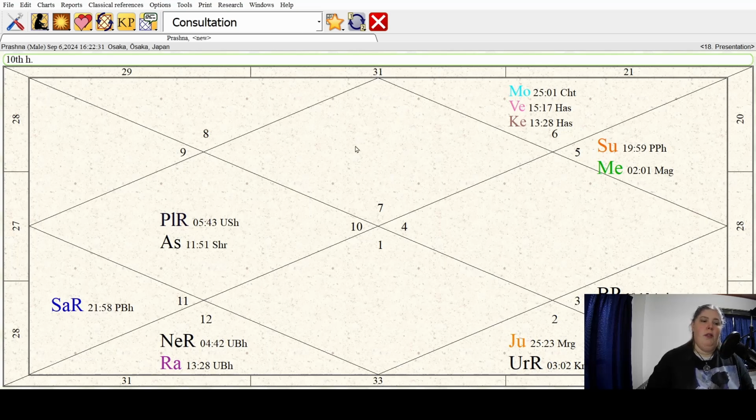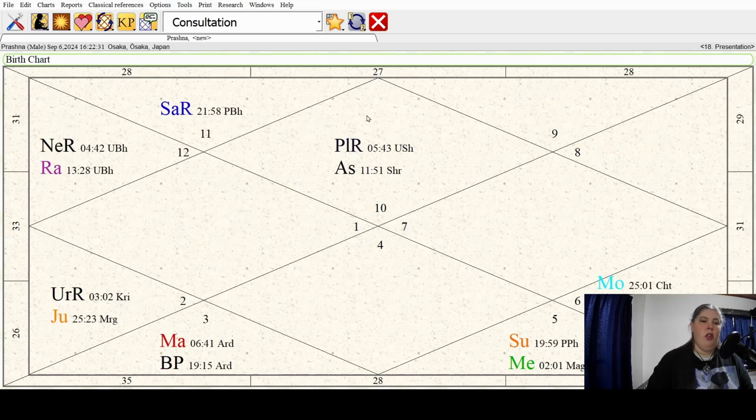Okay. Now let's talk about the Aruda Lagna, which is my personal favorite of these to use. The Aruda Lagna is found by looking at where the first lord goes and the pada of the first house.